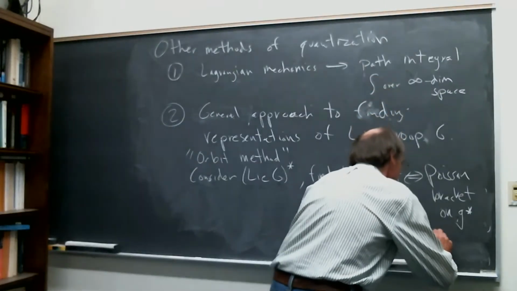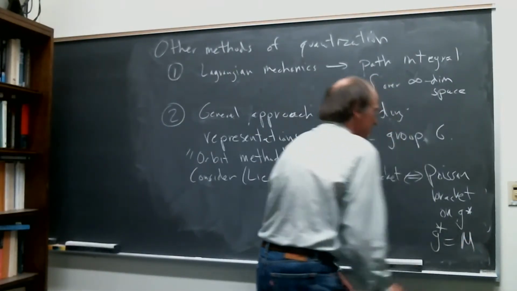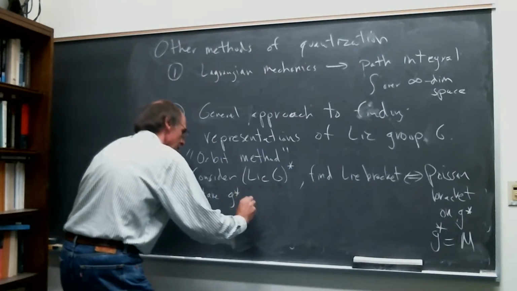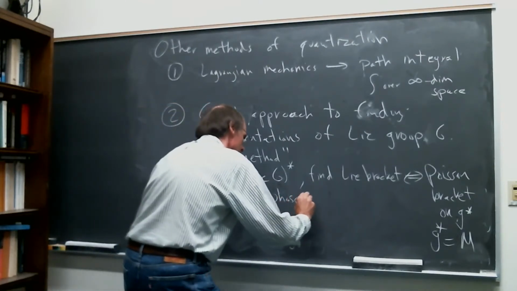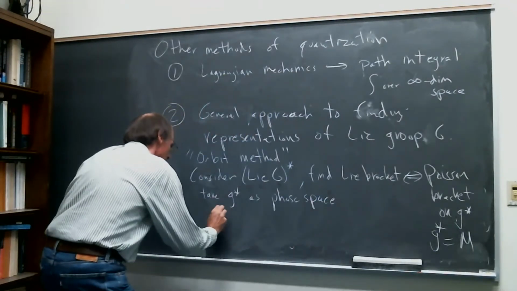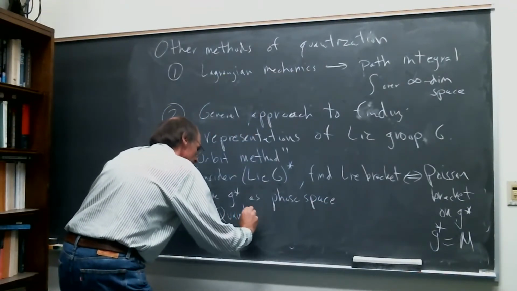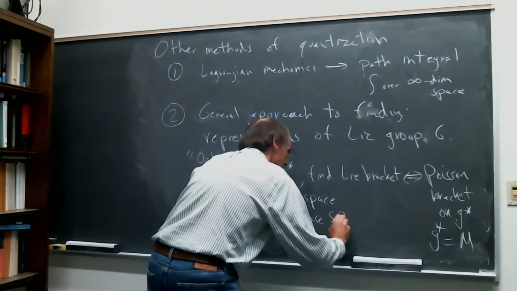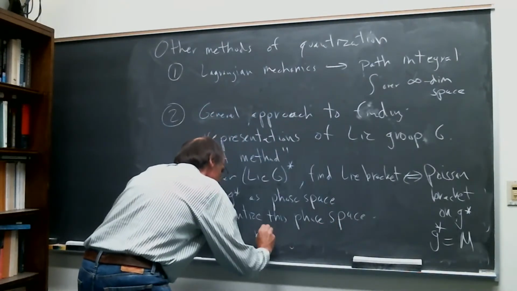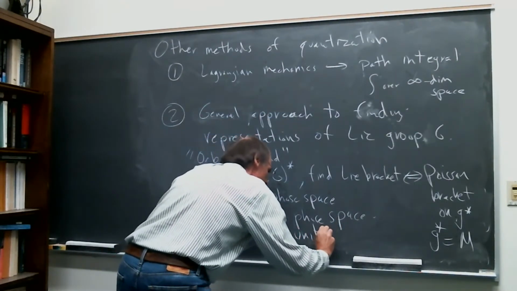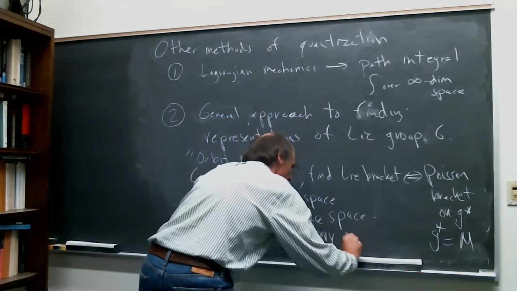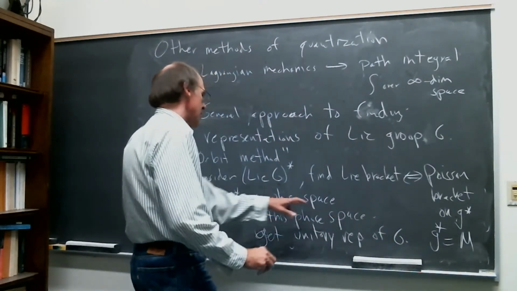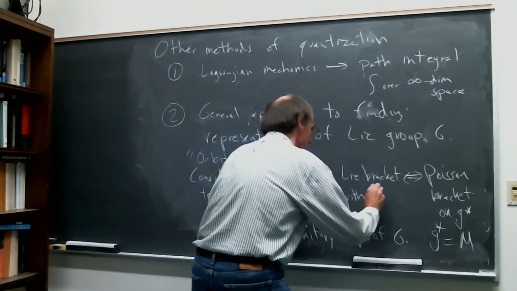So here, the confusing thing is G star is your phase space. In other words, take G star as phase space and quantize it, and we get a unitary representation of G. Okay, so this is G star as phase space with a G action.